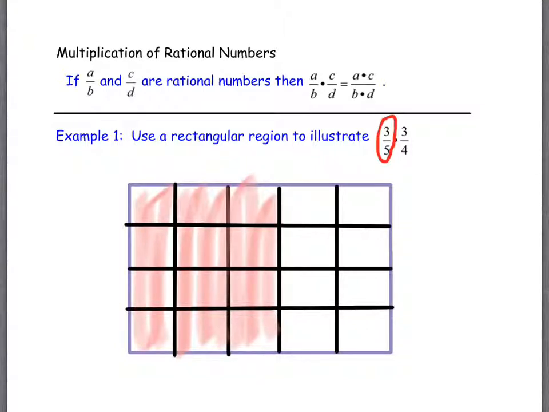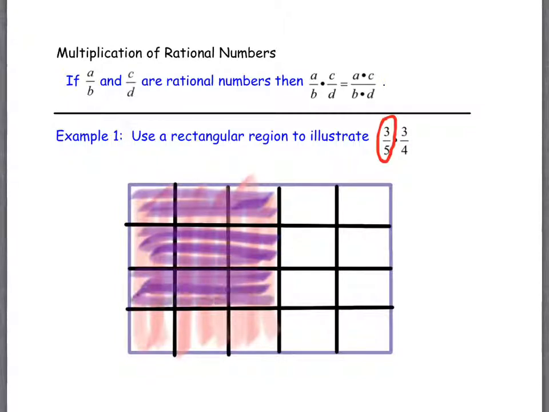And we're supposed to shade in 3 out of those 4 rows. So over here, you're going to shade in 3 of the 4 pink rows with some other color. I'll use purple. So here's 1 row, here's 2 rows, and here's 3 rows.